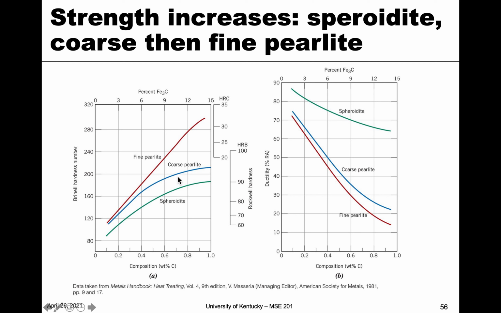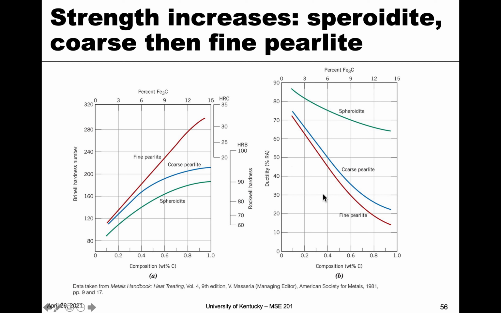So the more boundaries we have, just like grain boundaries, the more we have, and the smaller the grains are, the stronger something is. This is the same philosophy. So fine perlite, coarse perlite, those are stronger than spheroidite because of the increasing amounts of boundaries between the phases.